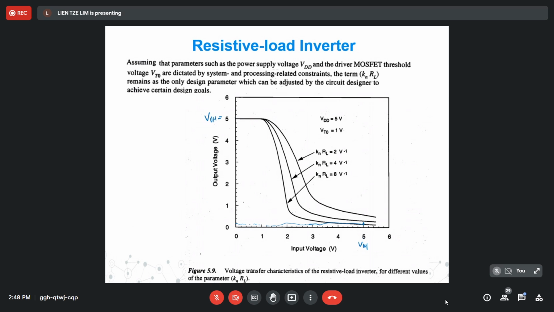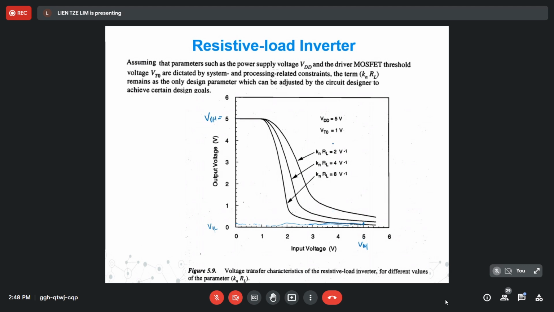I just estimate the values here. You need to take note of this one. The VOL here is the output low. Output low means that the input is high, so it is obtained when the input is high. Here the input is at 5 volt, the VDD. So for each of the VTCs, we can also determine the VOL, and then the VIL and the threshold voltage.